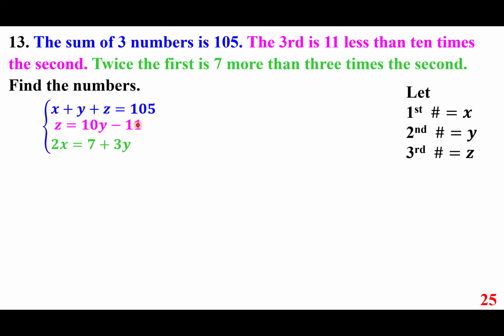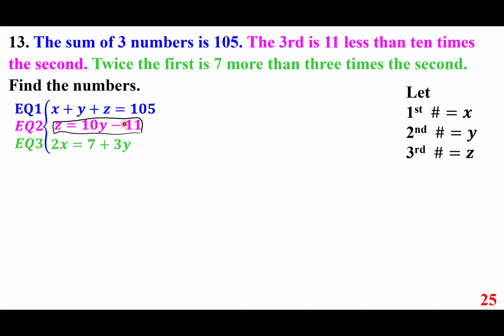And again, to speed up the process, let's put a number here: equation number 1, equation number 2, equation number 3, so we can go back and forth. Now notice, Z is given.